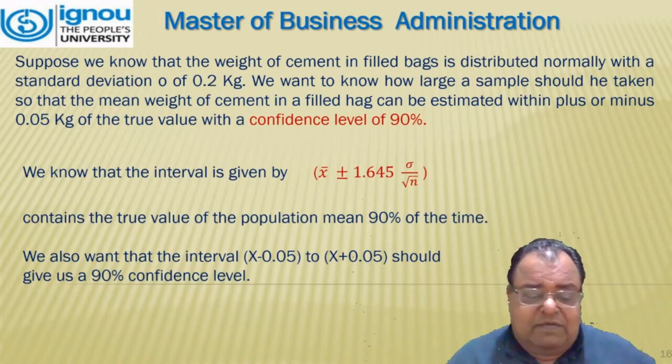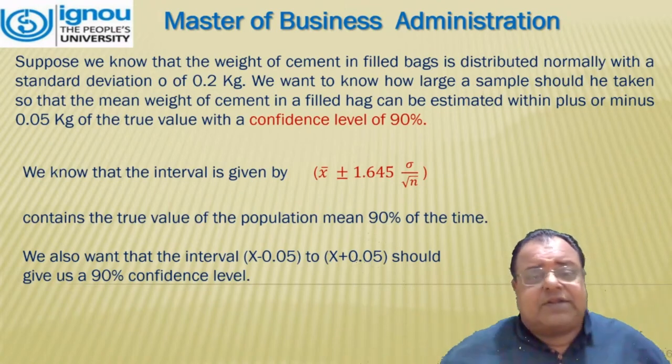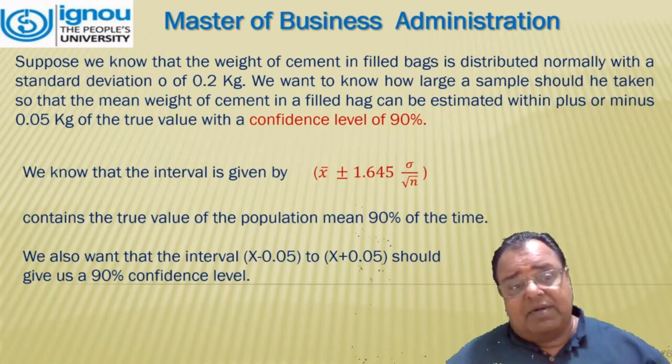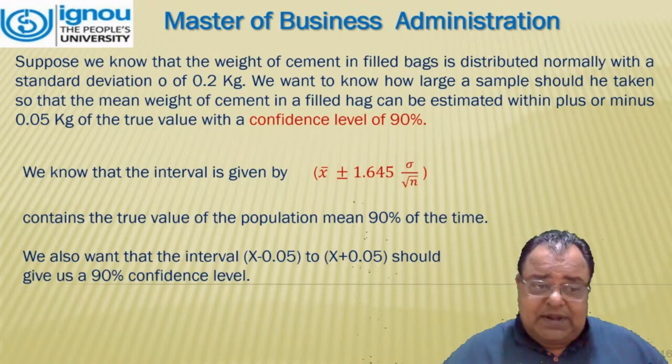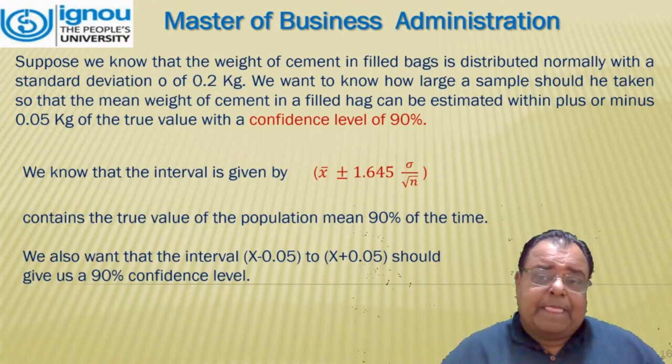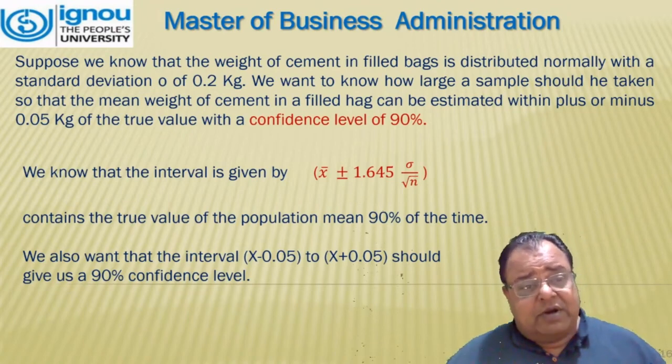Earlier, whatever we solved, the sample size was given. Now here, we are supposed to calculate a sample size. Here, it is a case of normal distribution because it's written distributed normally.